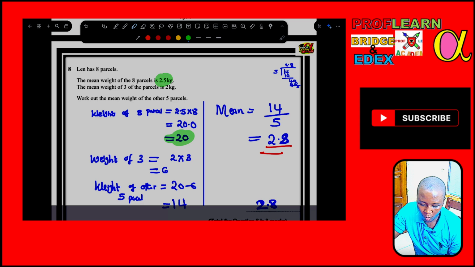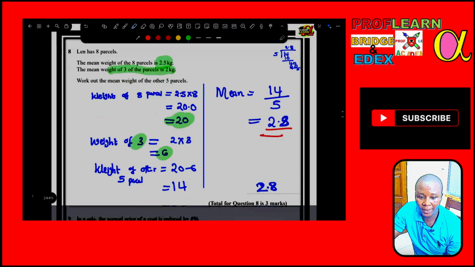If we want to work out the weight for the 3 parcels that have a mean of 2, we say 2 times 3, and that's going to give us 6. So the weight of the remaining ones is going to be the total weight of the 8 parcels minus the 3 that we have here.